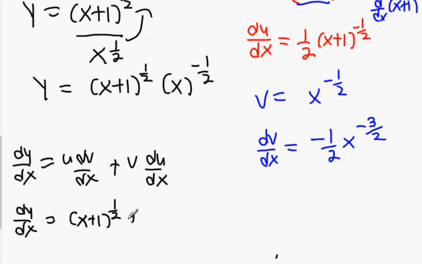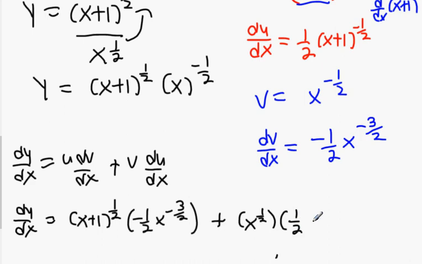Oh sorry, dv dx. dv dx is minus a half x to the minus 3 over 2. That's all multiplied by each other. Plus v, x to the half, multiplied by du dx, which is a half x plus 1 to the power of minus a half.